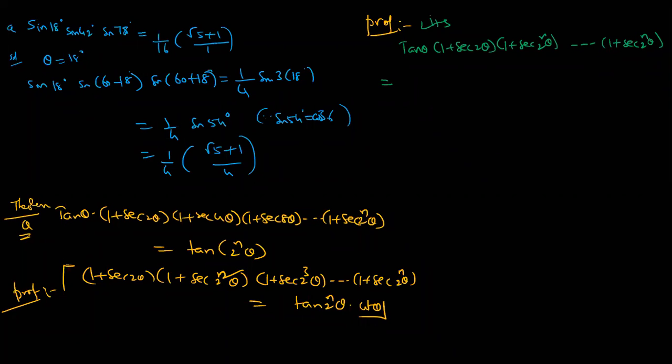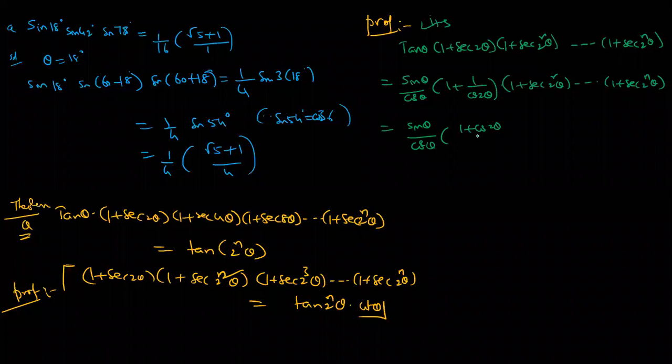So tan theta, how to write here? Sin theta by cos theta. This one I can write 1 plus 1 by cos 2 theta, into the remaining as usual. Sin theta by cos theta, 1 plus cos 2 theta by cos 2 theta, taking the LCM.